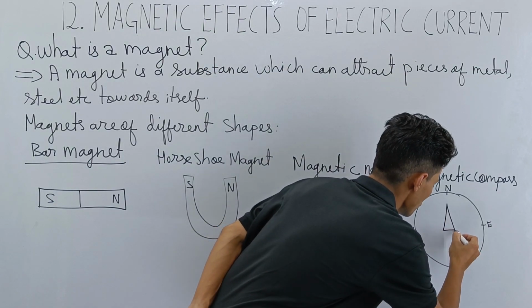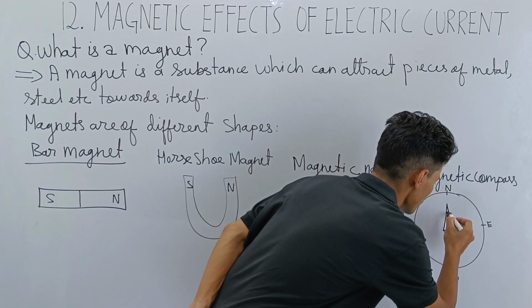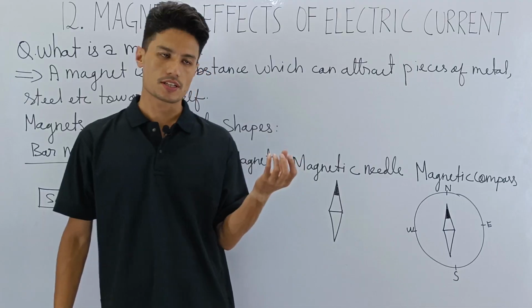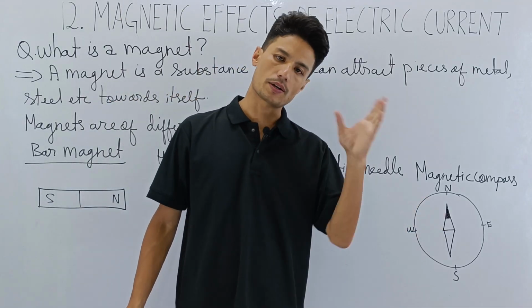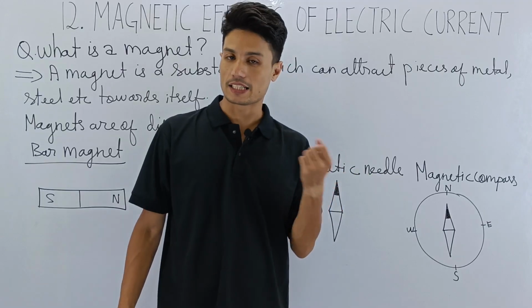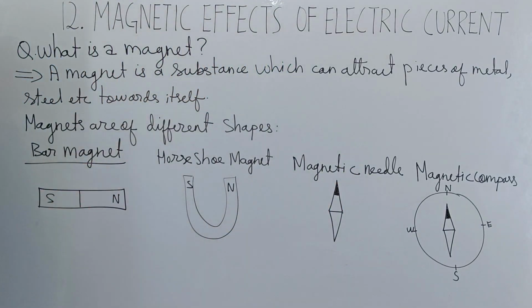This is how a magnetic compass looks like. It is mostly used by sailors to find directions. It helps the sailor navigate in the vast ocean where one can easily get lost. So these are the different shapes of magnet.